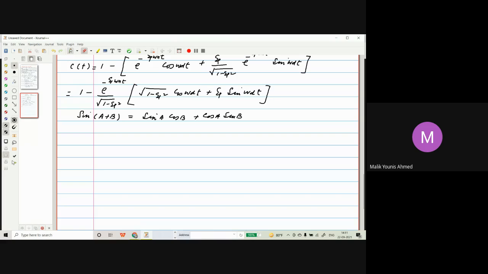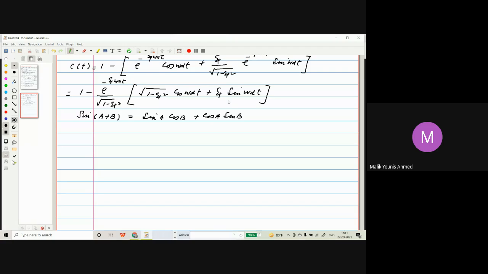In order to get sine A cos B plus cos A sine B, let me get the exact formula. Is it correct?